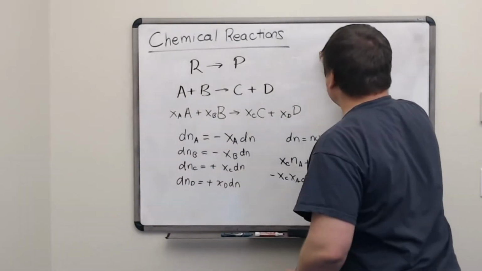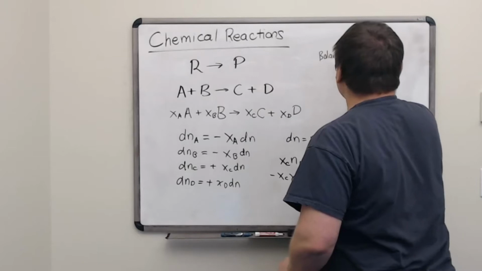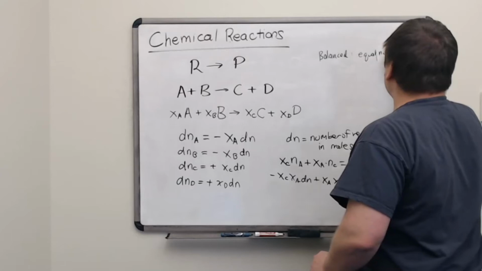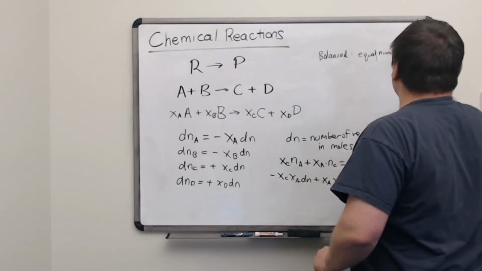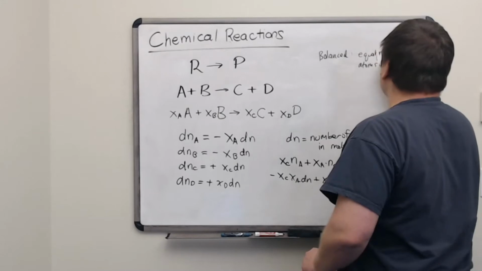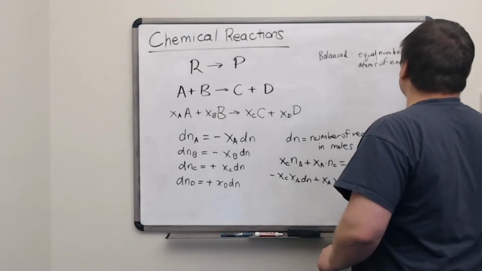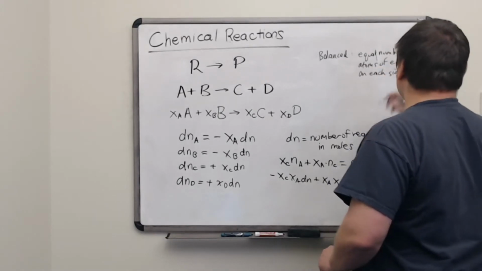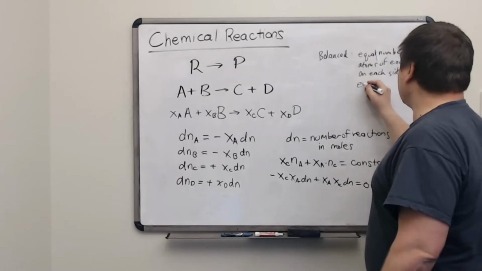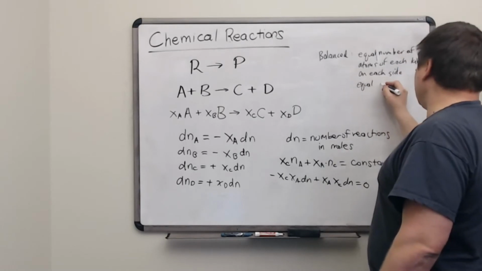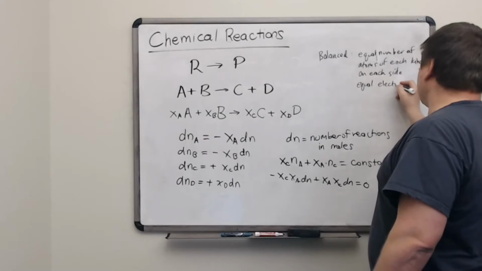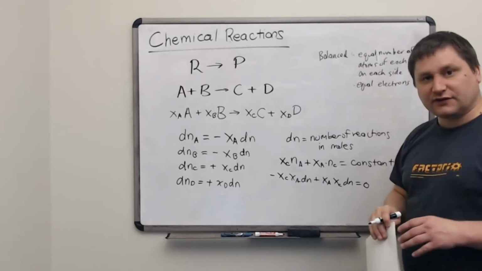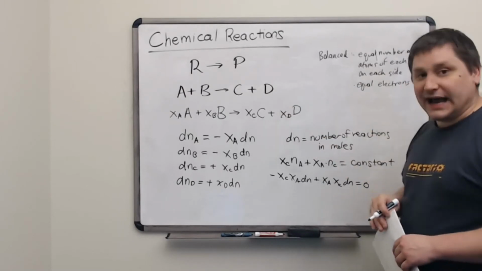A balanced reaction is one where we have equal numbers of atoms of each kind on each side, and equal number of electrons, if the reaction involves electric charges or ionized molecules.